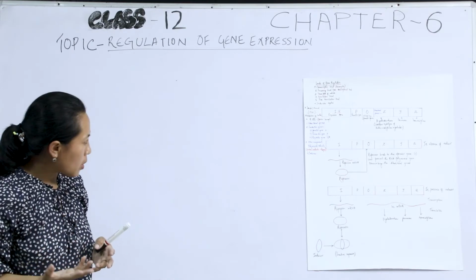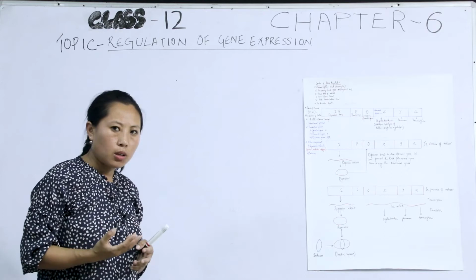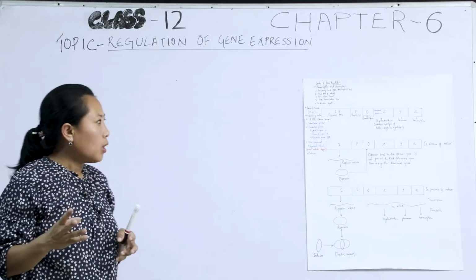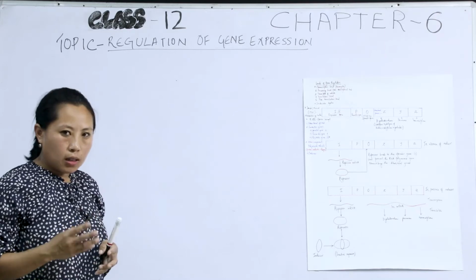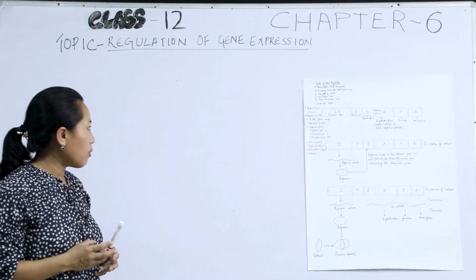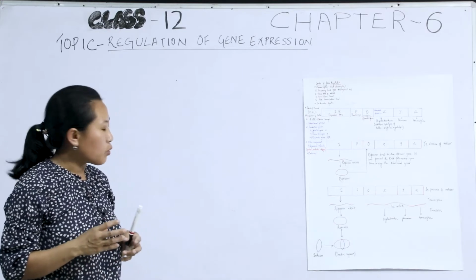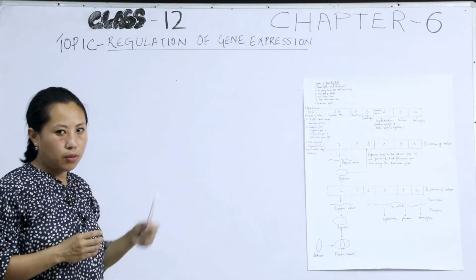Gene regulation can take place even at the level of transport of mRNA from the nucleus into the cytoplasm. It also can take place at the translational level or post-translational level. So regulation of gene expression can take place at different levels.